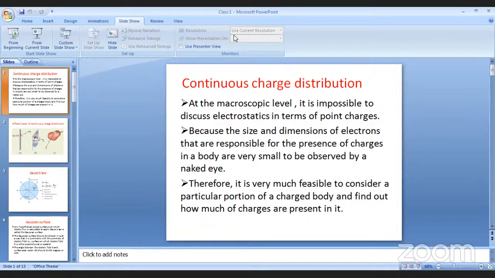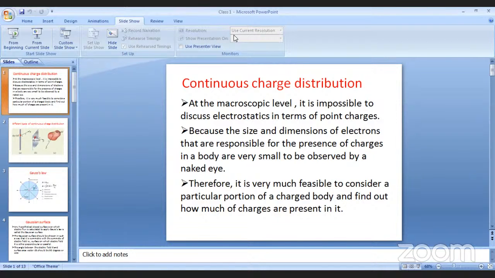So at the macroscopic level, when we talk about charges, we mean the continuous charge distribution. Whenever you take a piece of paper or an iron rod, the charges are distributed continuously. So in that case, we should consider discussing the continuous charge distribution.